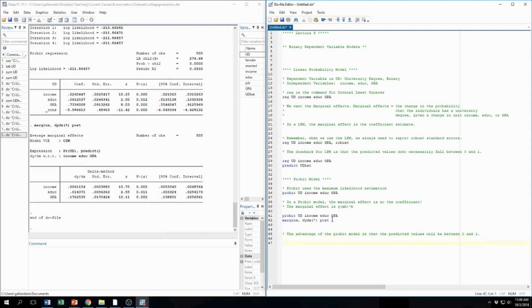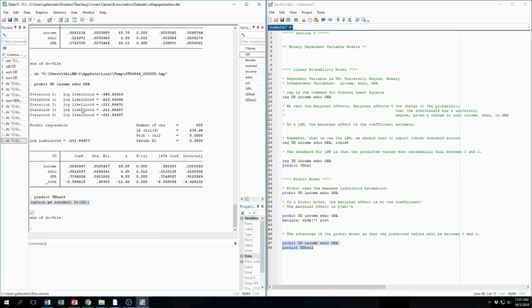So let's do that. Probit UD income EDUC GPA. And we're going to do predict UD hat 2. UD hat 1 was the predicted value from the linear probability model. Now we're going to do predict UD hat 2. This is going to be the predicted value from the Probit model. So we're going to compare them.